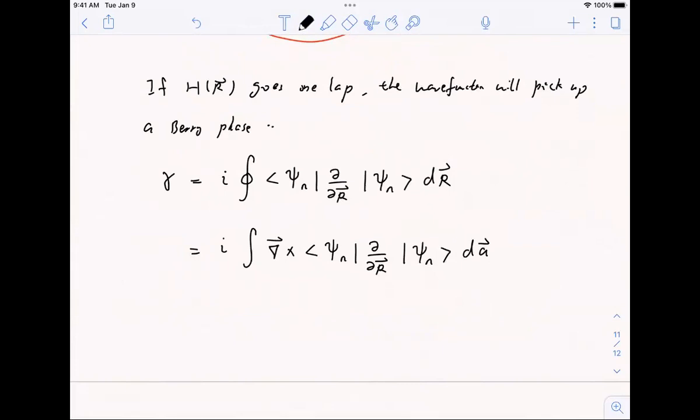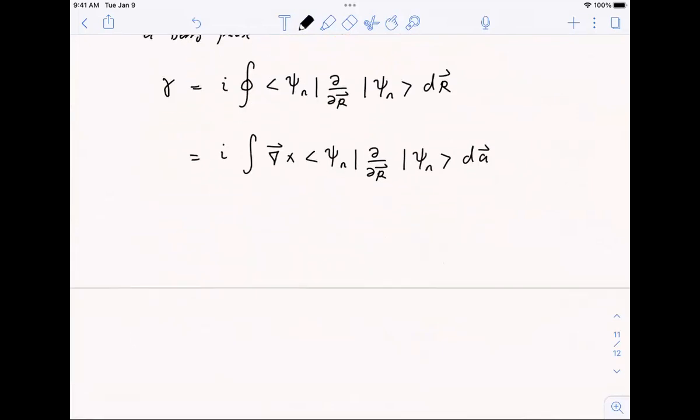We know that here this n has the form e^{iγ}. How do we get this form?